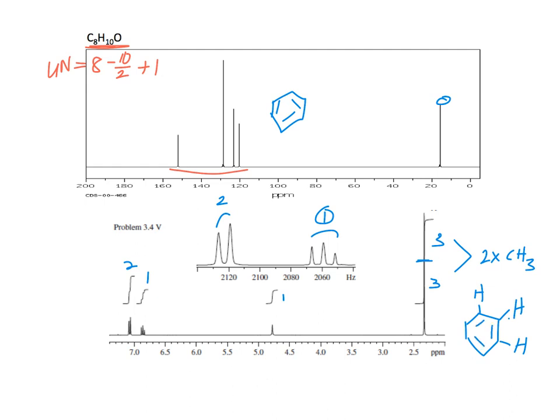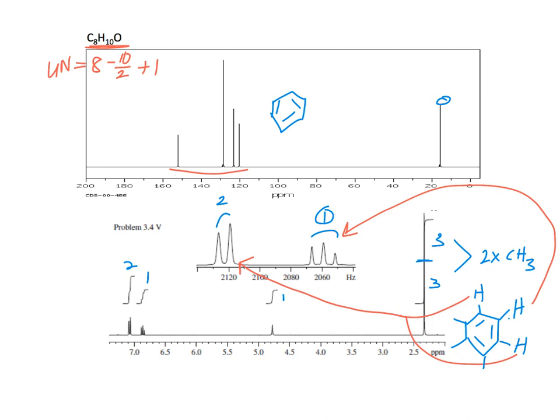The one in the middle goes to this. It's only worth 1. And the 2 on the outside go over here. We're going to have substituents on all 3 of the other carbons. The 2 outside ones only couple to the one in the middle. The one in the middle couples to both of those outside protons, so it makes a triplet, as long as it's symmetrical.